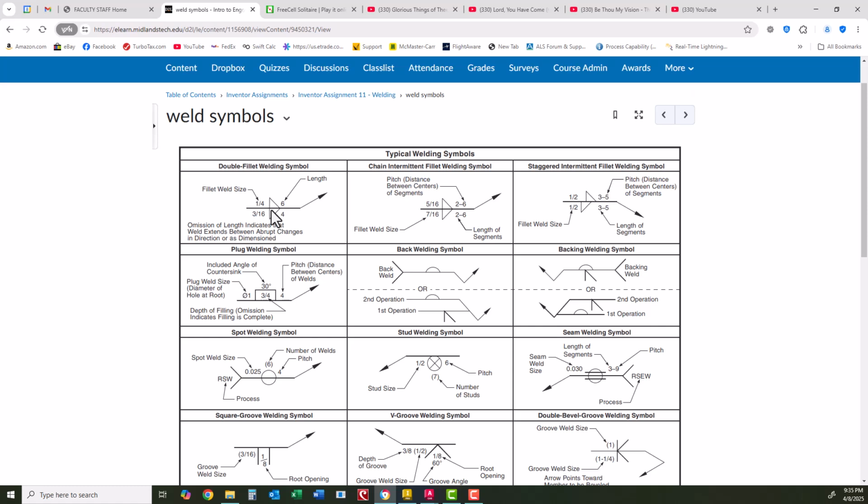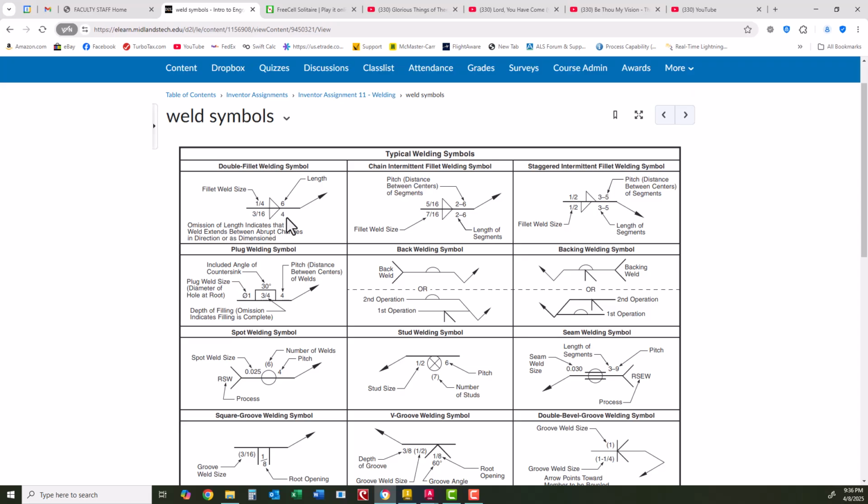Now, many times you will only have a fillet weld on one side. Sometimes you'll have a weld on both sides. In this case, this indicates a fillet weld on both sides of the piece that's being welded. So if you were to put a plate in vertical to another plate, you probably would weld it with a fillet weld at the root and then go to the other side of that plate and weld it. And generally, they would be of the same size. Not always, but of the same size.